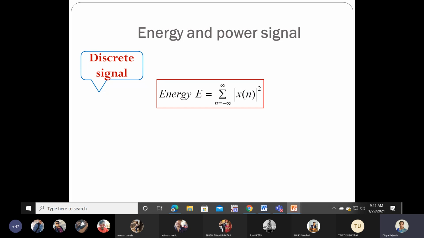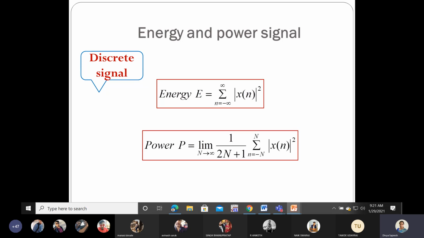To find the energy in the signal, instead of integration you use summation. You sum the samples from minus infinity to infinity of x[n] squared. For the power, limit n tends to infinity, 1 upon 2n plus 1, summation from n equals minus N to N of x[n] squared. Either you can remove the limit and directly write n equals minus infinity to infinity also.